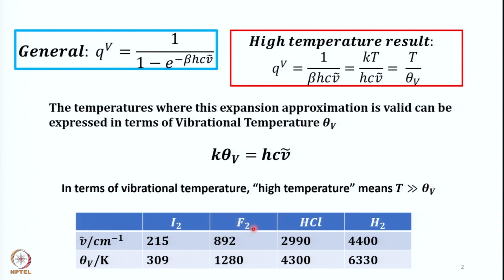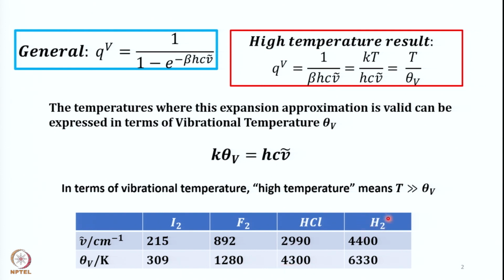Now, you go to fluorine. Fluorine is also a linear diatomic molecule, again with one mode of vibration occurring at 892 centimeter inverse. The corresponding characteristic vibrational temperature is 1280. Now, you go to HCl, again a linear molecule, the vibration is at 2990. The corresponding vibrational temperature is 4300.